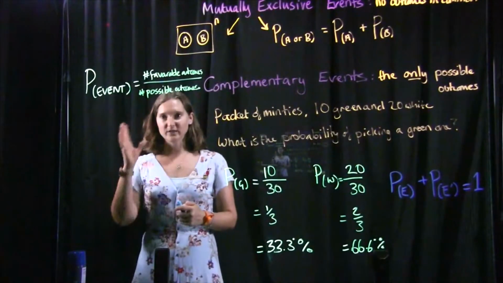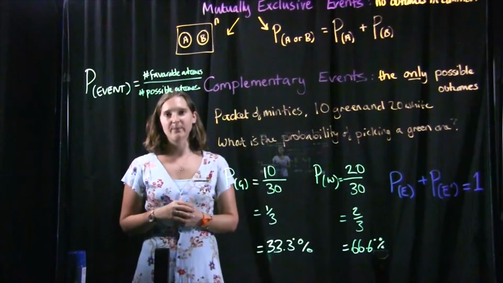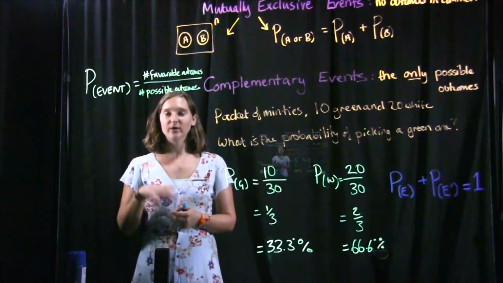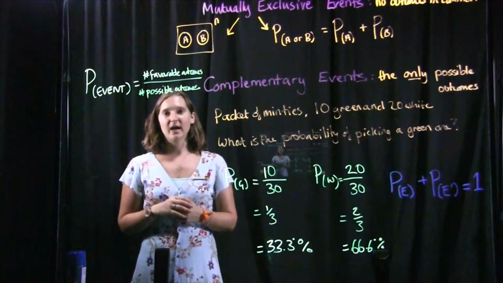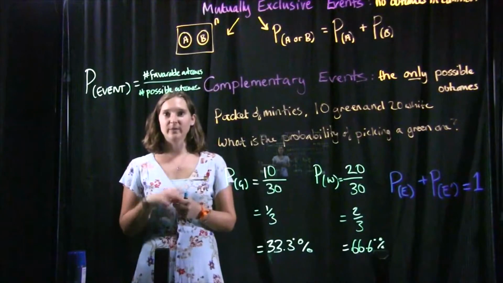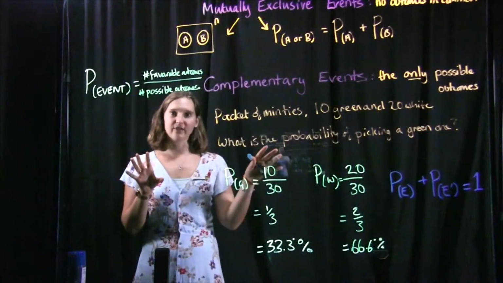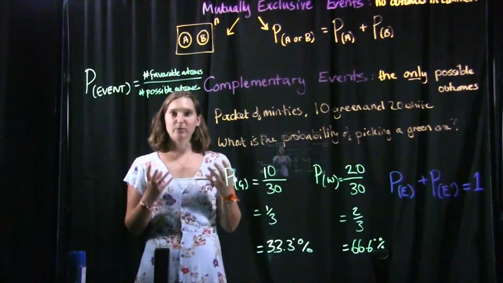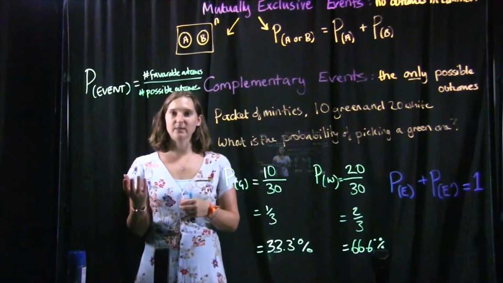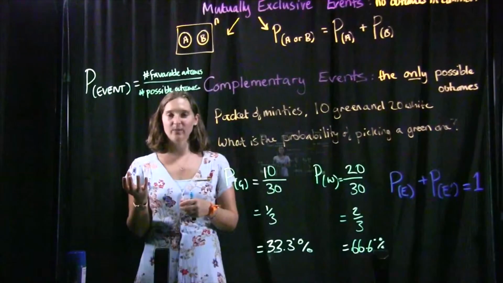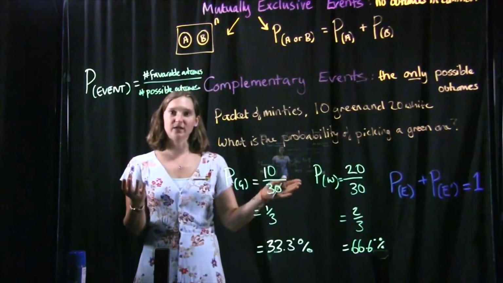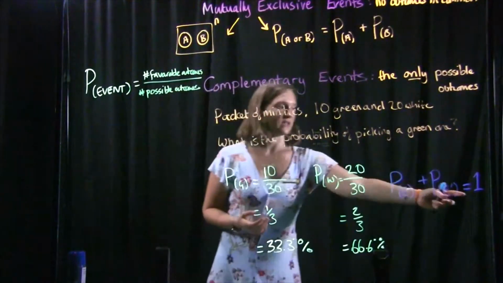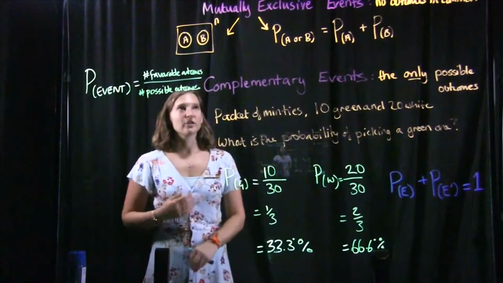So if you go back to our devices, if we were looking at the probability of people who had a laptop, then our only two outcomes would be having a laptop and not having a laptop. So that would be a complementary event, and the probability of picking someone at random and them having a laptop, added to the probability of them not having a laptop, would equal 1.